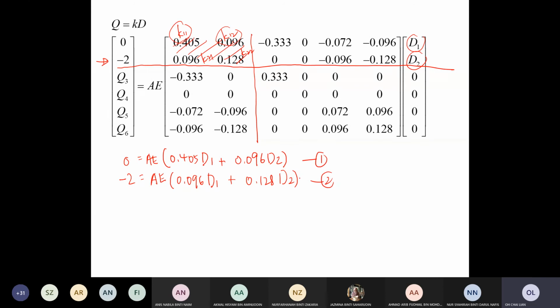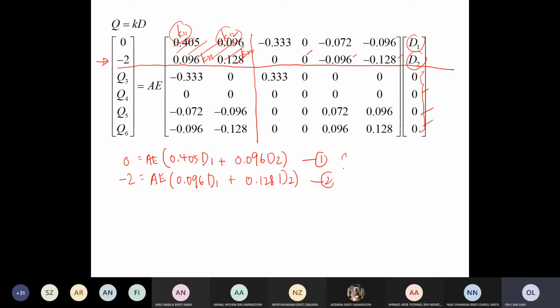Actually, it continues, but this is all 0. So 0 multiplied by 0, this 0 multiplied by this 0, and this negative 0.096 multiplied by 0, negative 0.128 multiplied by 0, you get 0.